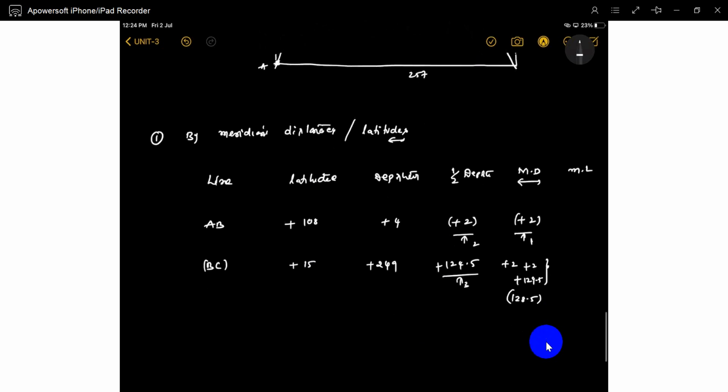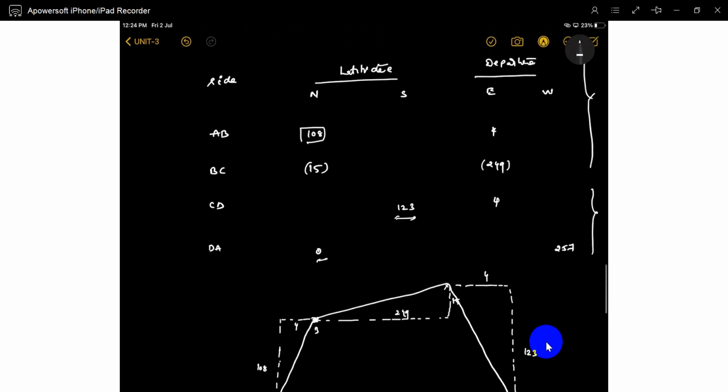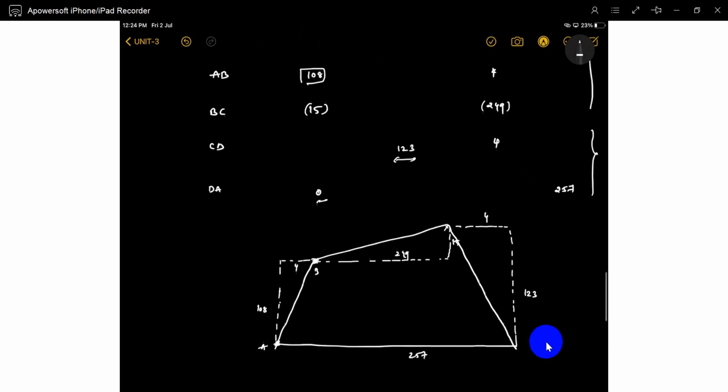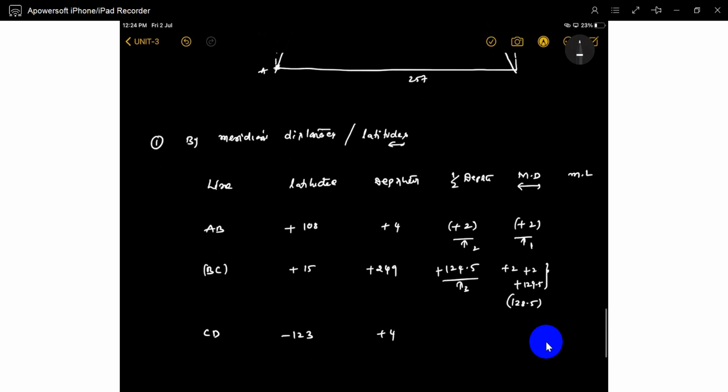That's it. If you take CD, the longitude is minus 123, the departure is once again 4, so half is positive 2.